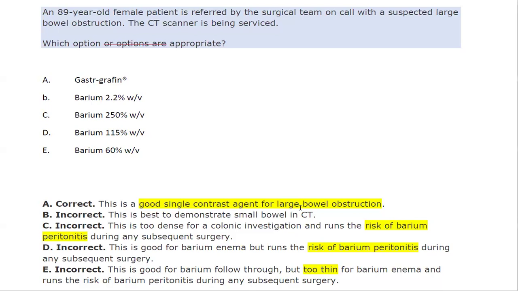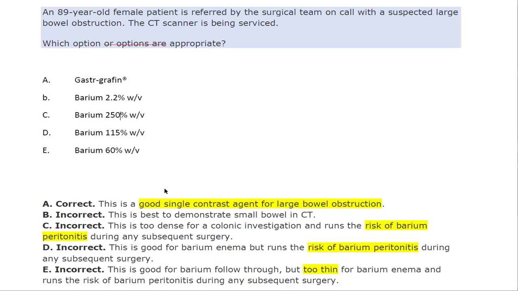All of these carry a risk of the patient having perforation, and this is a suspected complete large bowel obstruction, so it's contraindicated. You can use these for colonic investigation. This one is not used in colonic investigation because it's very thick, viscous, and has high viscosity.